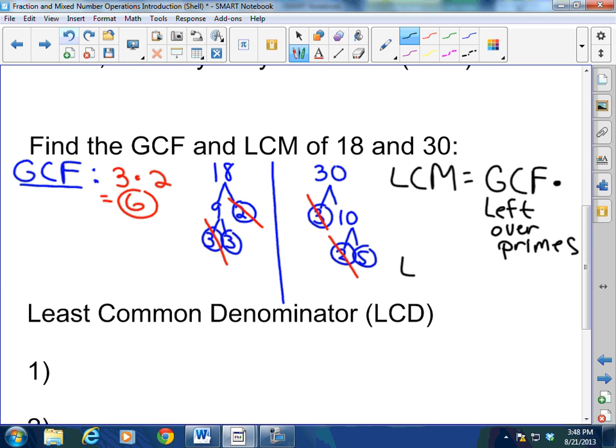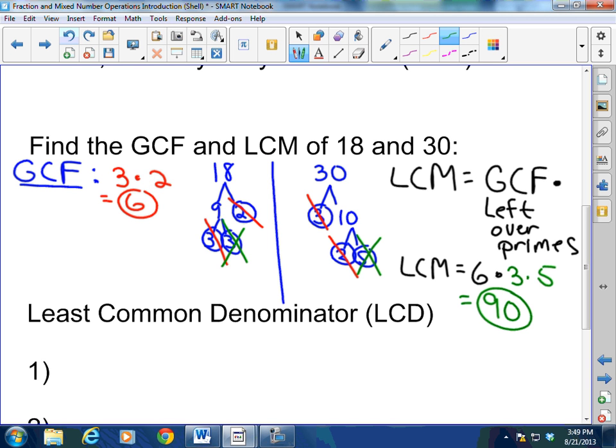For this guy, we know that the LCM is going to be the GCF, which is 6, times the leftover primes. I'll do the leftover primes in green so you can see. So times that 3, which was left over, times that 5, which was left over, and boom, you're good. So 6 times 5 is 30, times 3, so 90 would be my LCM.